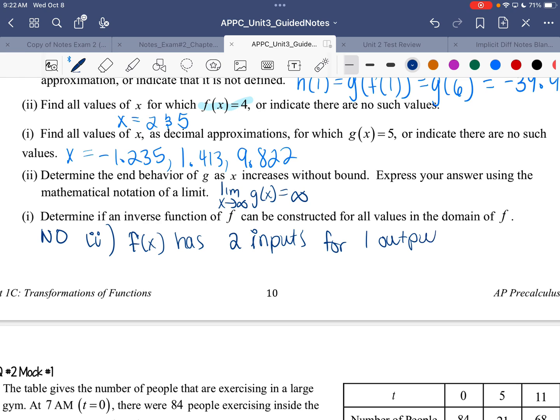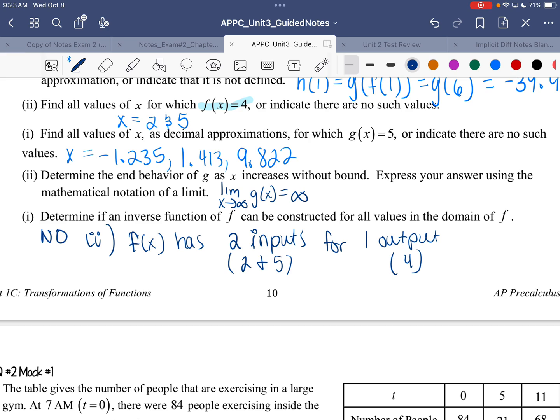Here's another variation you could put. It has 2 inputs for 1 output. The 2 inputs were at, what was it, 2 and 5, for when the output was 4. Or you could say it does not have 1 input to 1 output.